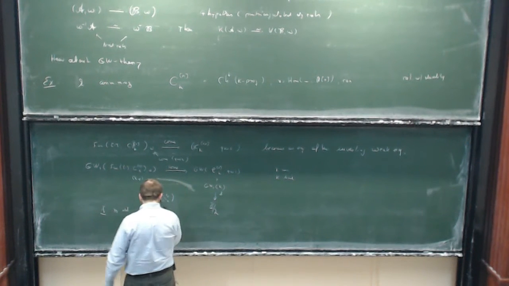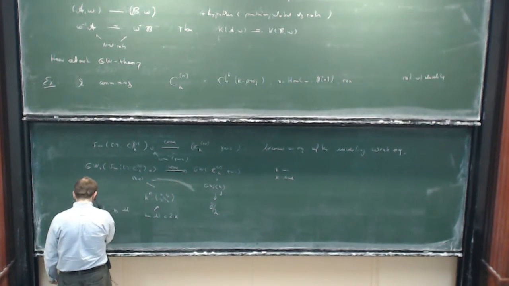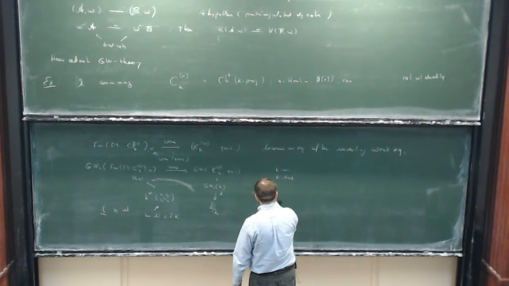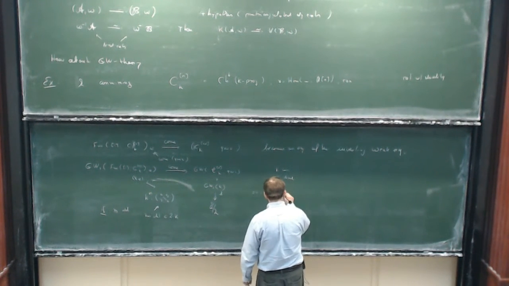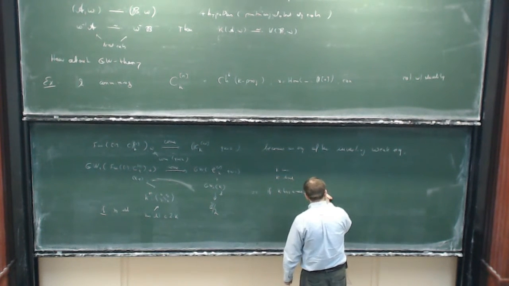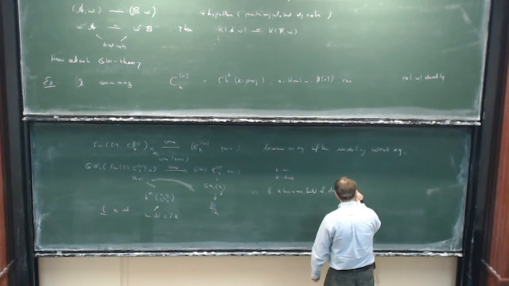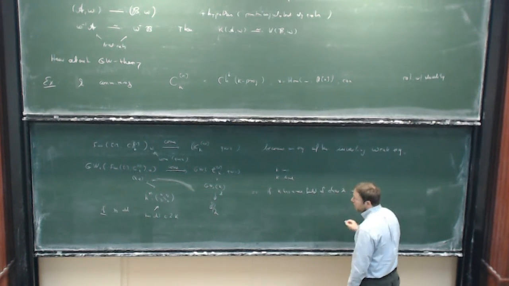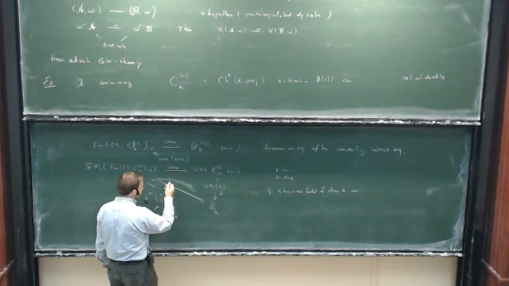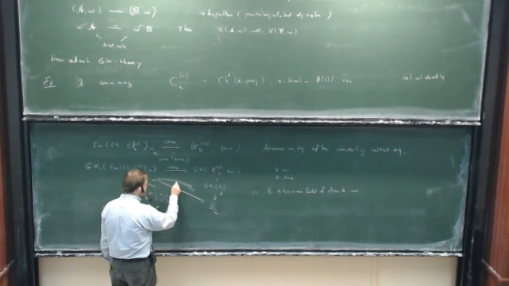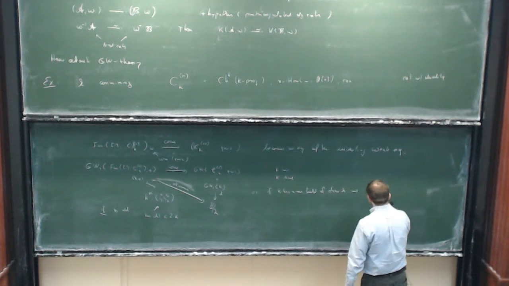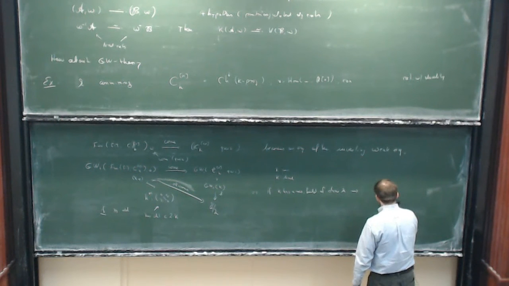So if m is odd, what we see is that if K has a residue field of characteristic 2, this composition is 0, that means rank cone is 0.